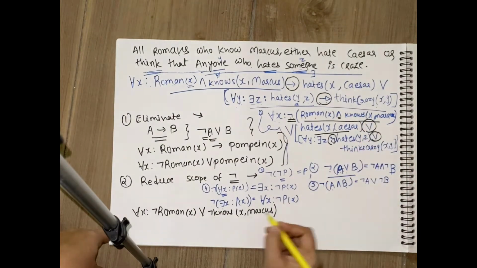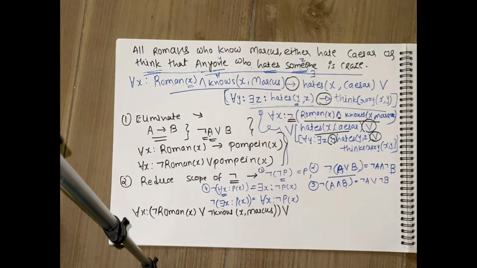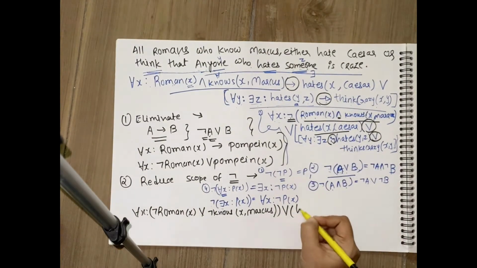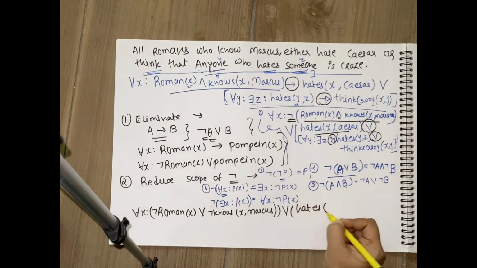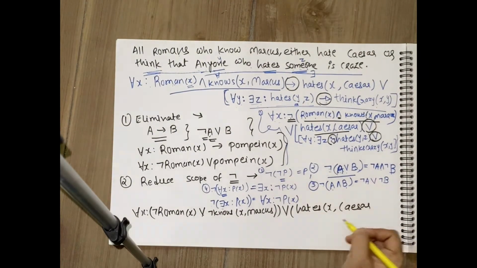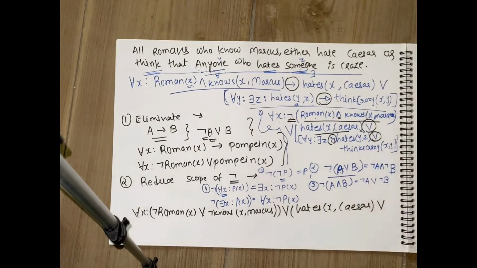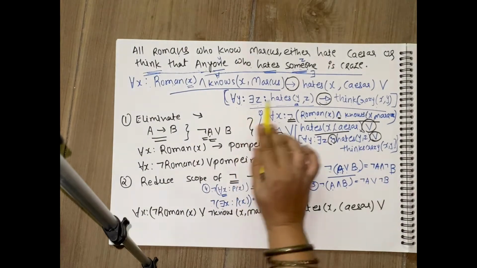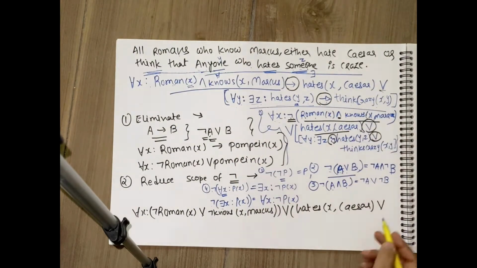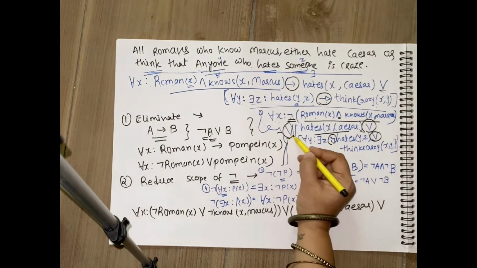Okay, so this not is applied to both the terms. It is done. Fine. Then what you have to do? Let us write for understandability. This is or. Now hates as it is x comma Caesar, that is the first term, then or, that is the implication, the next or which we already had over here. This was for implication.